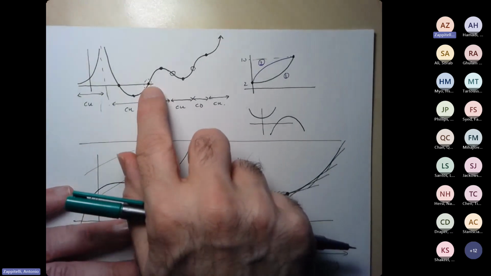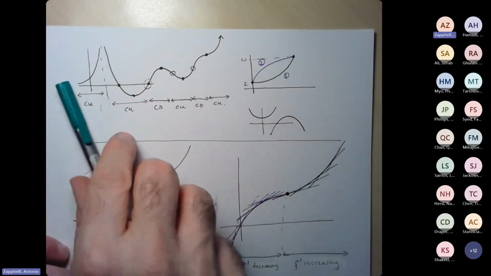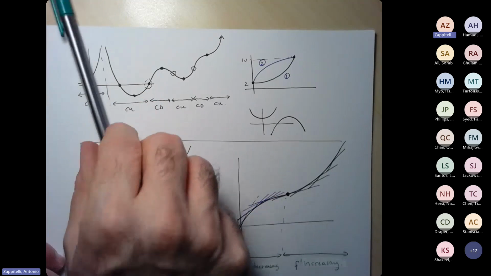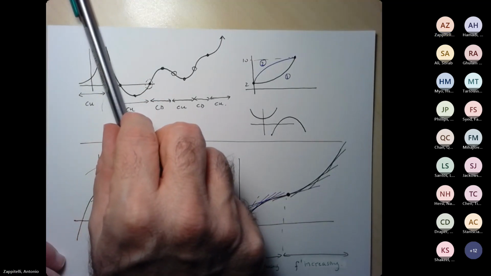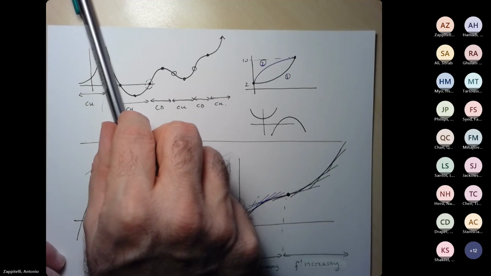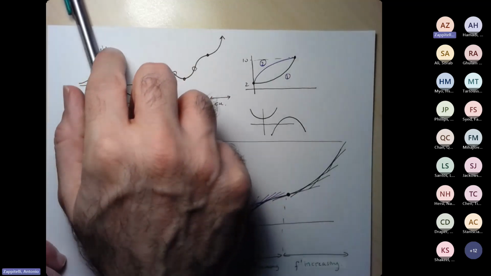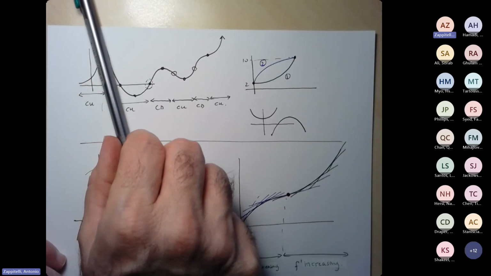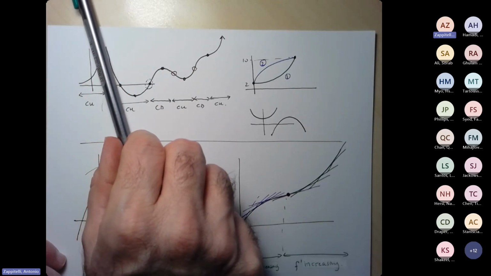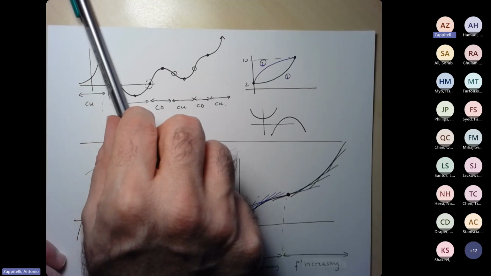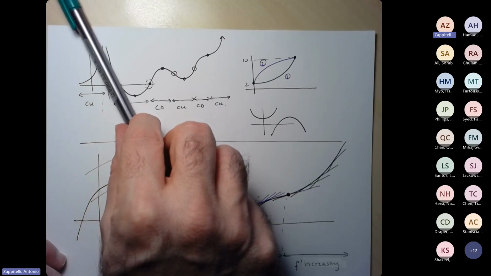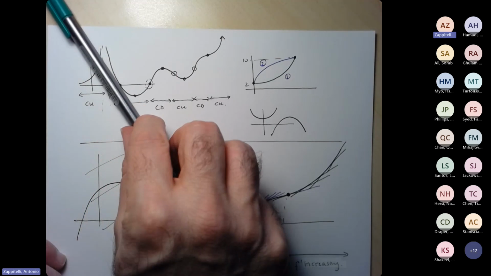Okay? So let's take a look at some of these other examples here, because here it looked like we had a point of inflection. So let's see what's happening here. Can you see the slopes are very negative here? If I start at this point here, the slope of the tangent is negative. And now, as I move to the right, it's getting less and less negative.